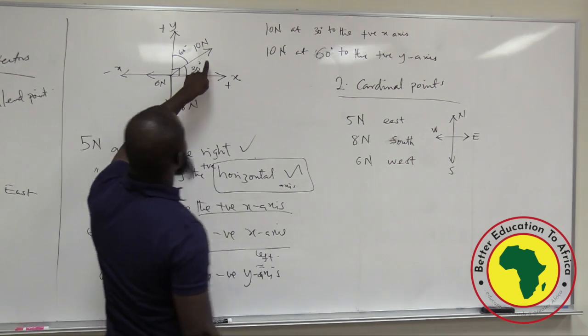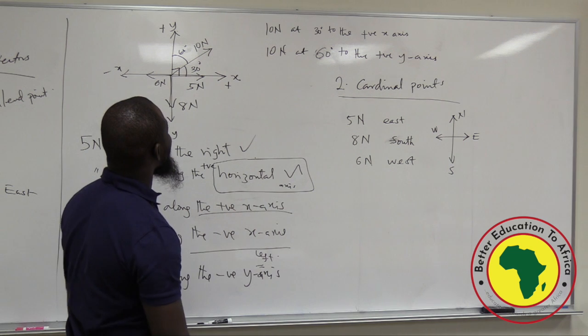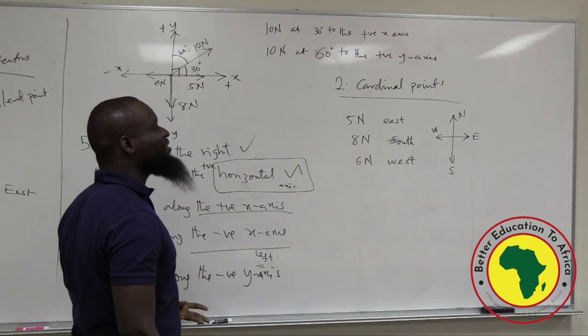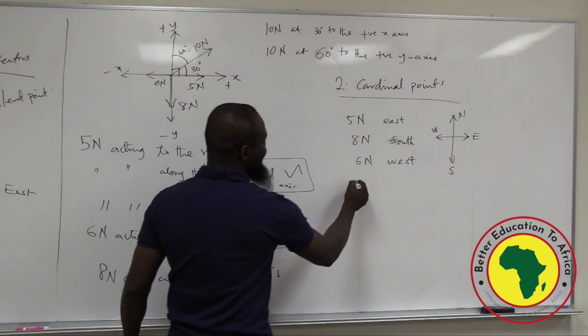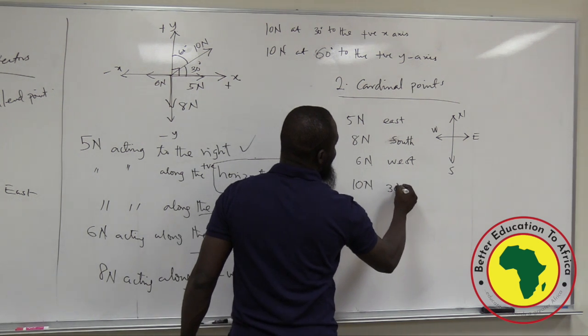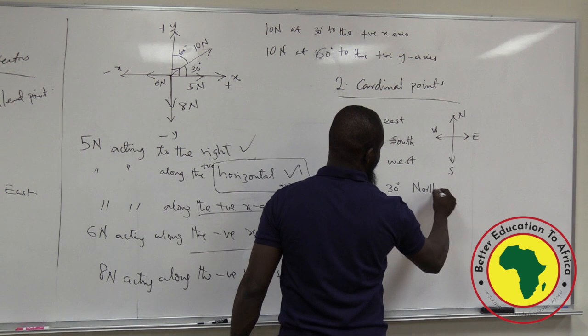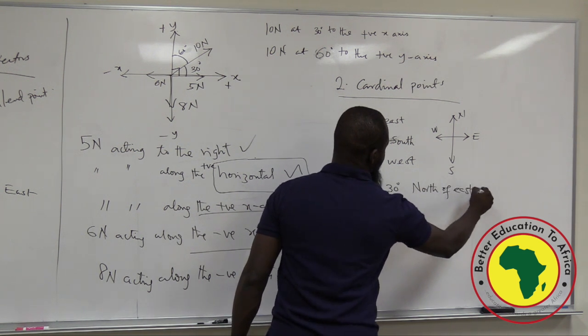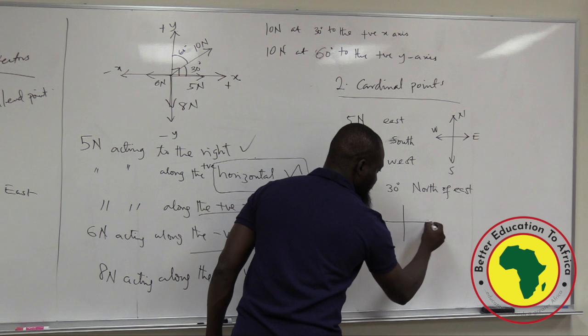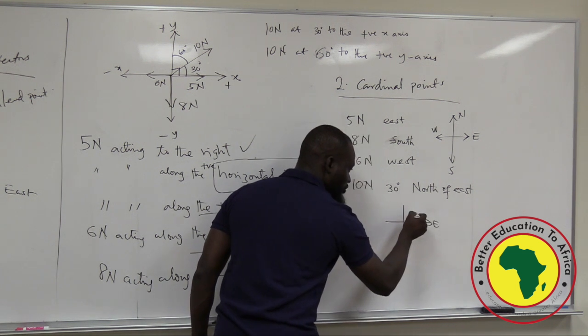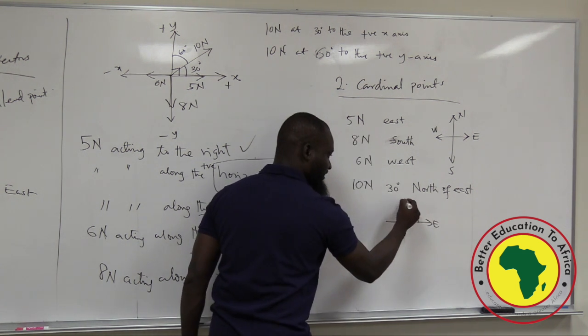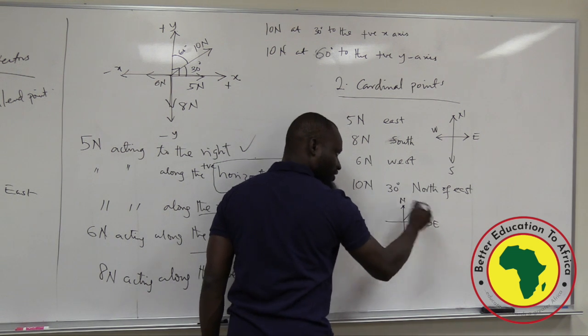Now, how do I describe the 10 Newton force using the cardinal points? I have 2 angles. I can still use those 2 angles. So it will be 10 Newton acting 30 degrees north of east. So it means you start from east, move 30 degrees towards the north of east.